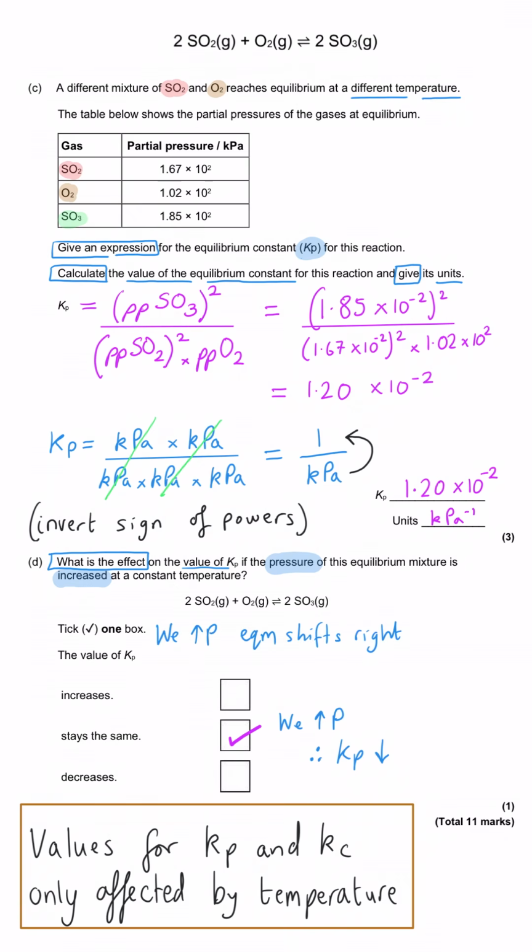And what that will do is increase the partial pressure of SO3. And so we might think that the Kp value should increase as a result of that conclusion. And actually what happens is those two consequences will cancel each other out perfectly and we have no overall effect on the value of Kp. And so the correct answer is that Kp will stay the same.